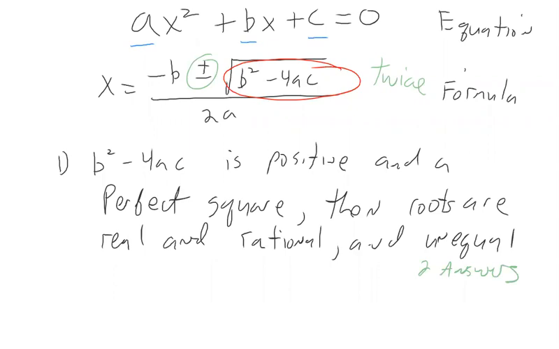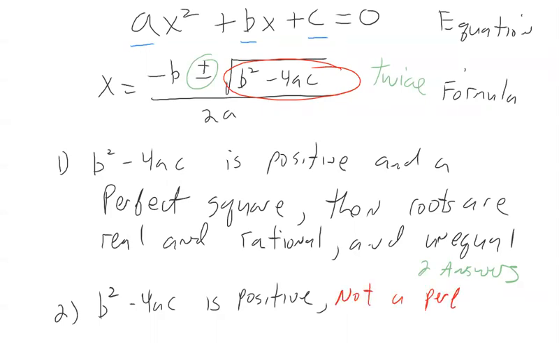And that's why you're going to get two answers. All right. The second rule is if b squared minus 4ac is positive, and it is not a perfect square, which means you cannot take the square root of the number and get a nice rational number.